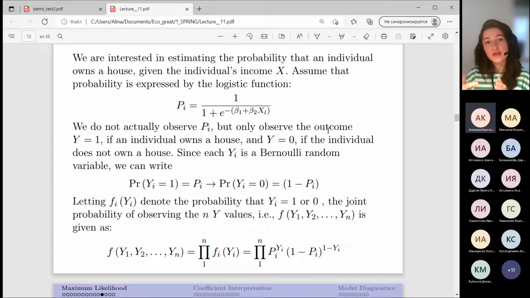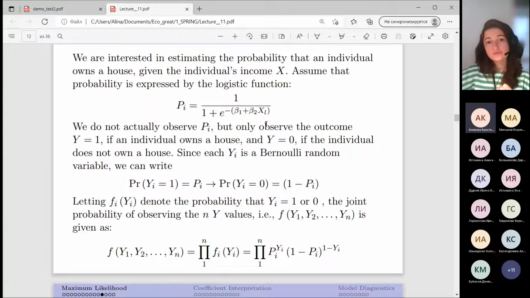If we assume that the error term has a logistic distribution, in this case we can write the function as the logistic function and use the logit model. We discussed this previous time. But if we assume that the disturbance term follows the normal distribution, we will apply the probit model.